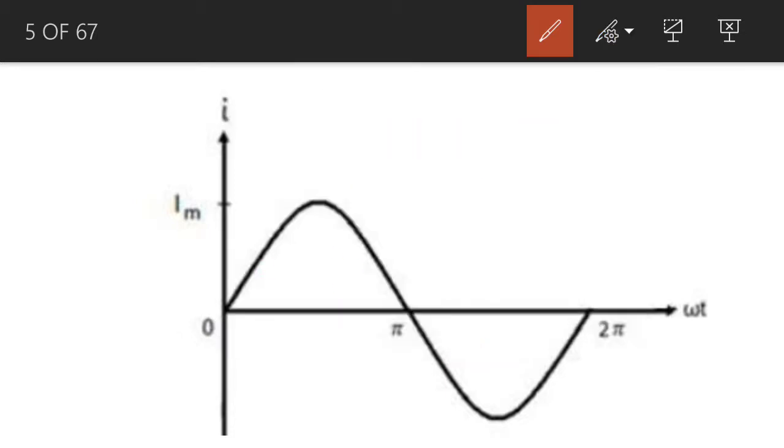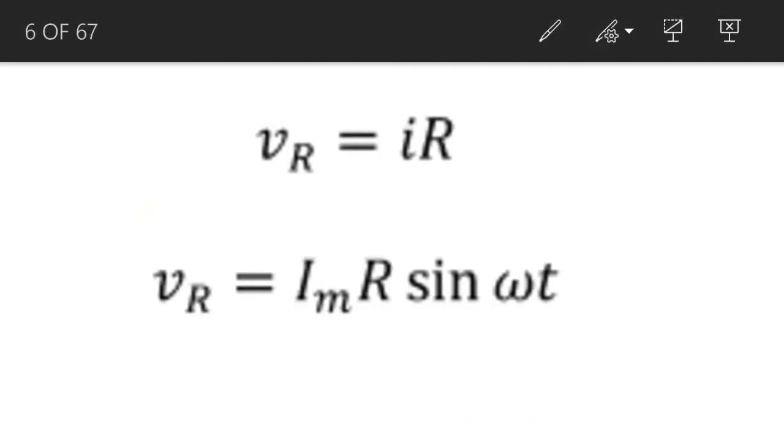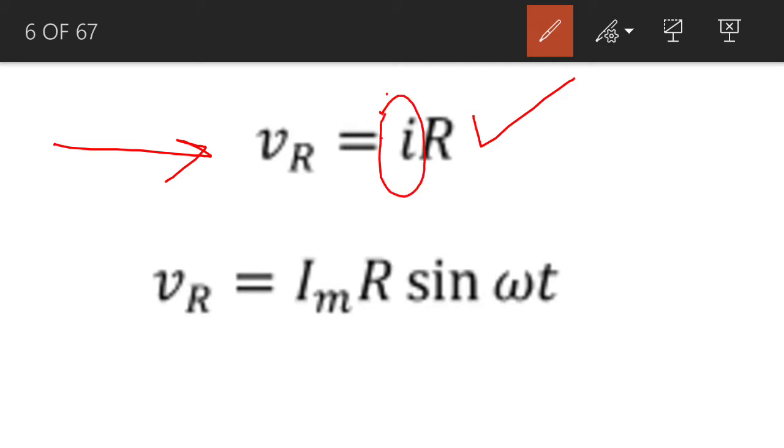Anyhow, we are going to find out the voltage across the resistor, and the voltage across the resistor is equal to IR. We put the value of the current in this equation. So VR will be equal to ImR sine omega t.